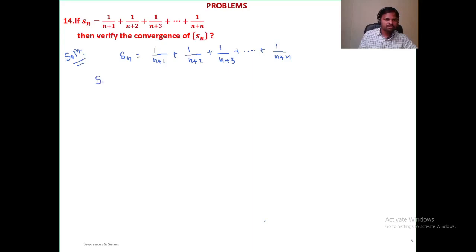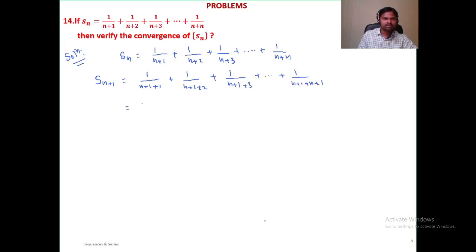So Sn plus 1, the n plus 1 term of the sequence. Wherever there is n, there you write n plus 1. So n plus 1 plus 1, plus 1 by n plus 1 plus 2, plus 1 by n plus 1 plus 3, plus and so on, plus 1 by n plus 1 plus n plus 1.